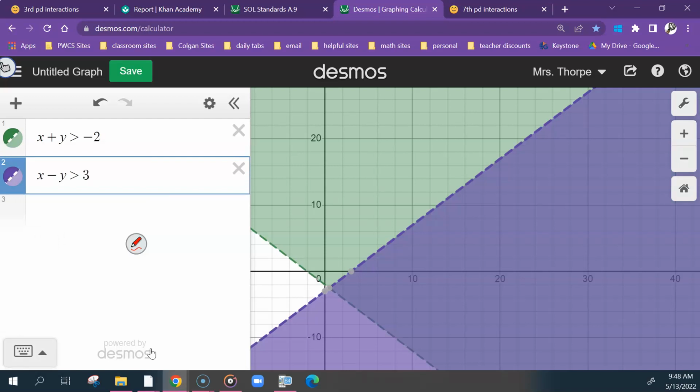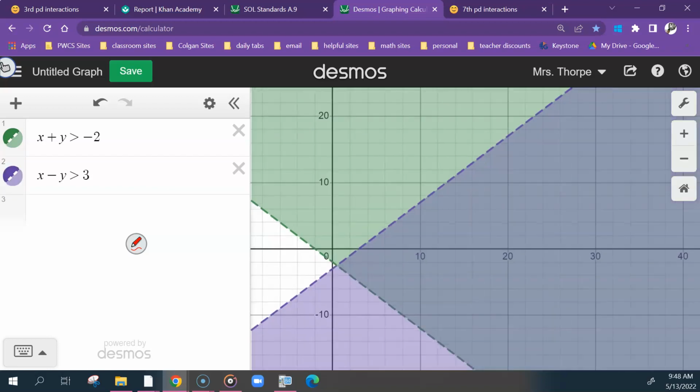And if you had a question like this, it would probably ask which is the overlapping shaded area, and you would choose this section. If you actually had to graph it, which you may or may not, you would somehow be able to plot points, make a line, make sure it's dotted, and then show the shaded area.